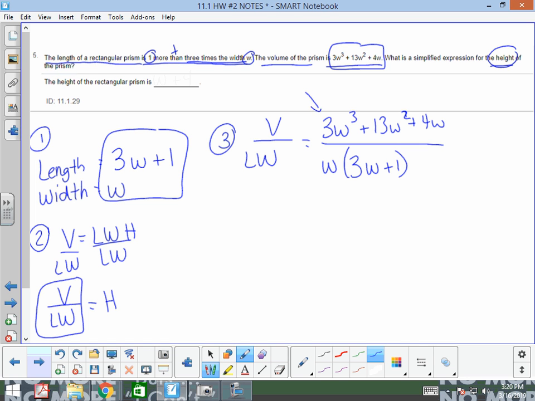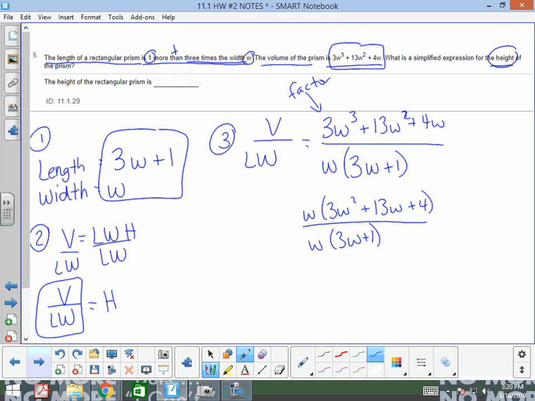I now need to factor this numerator. So first, I'm going to factor out the greatest common factor, which is W. As you can see, the W's right there are going to cancel, but I'm going to continue factoring.